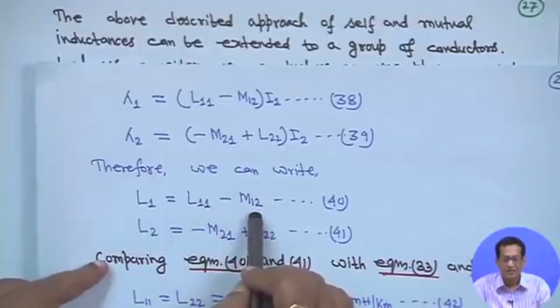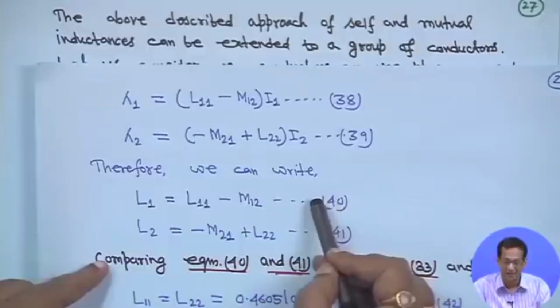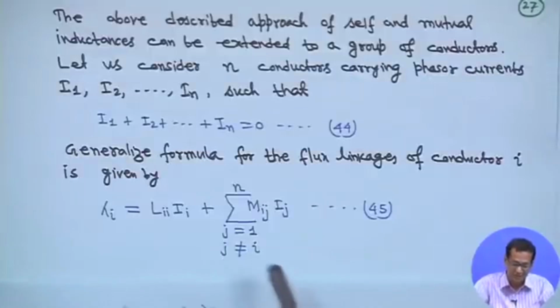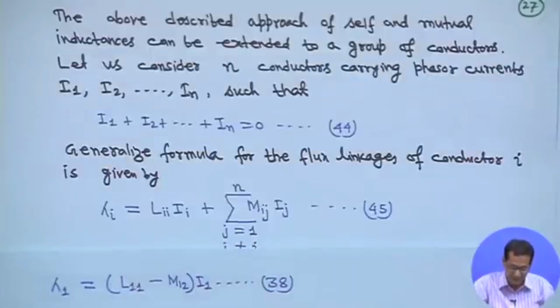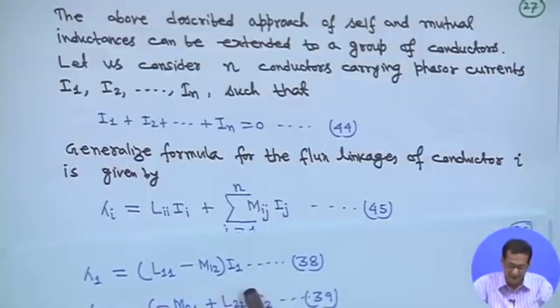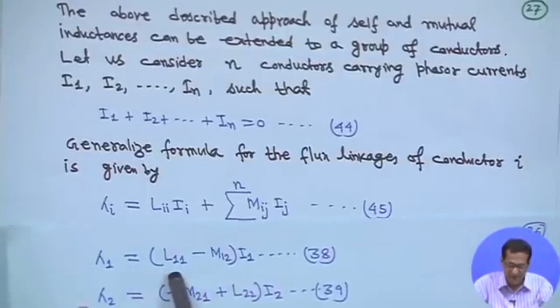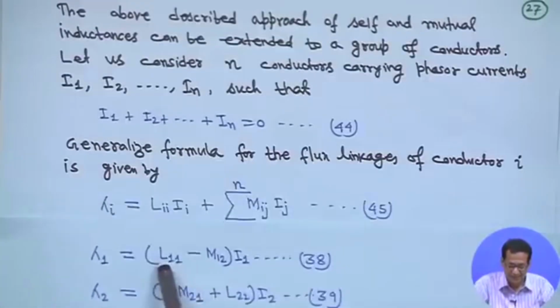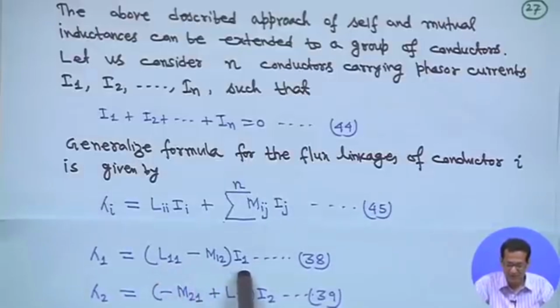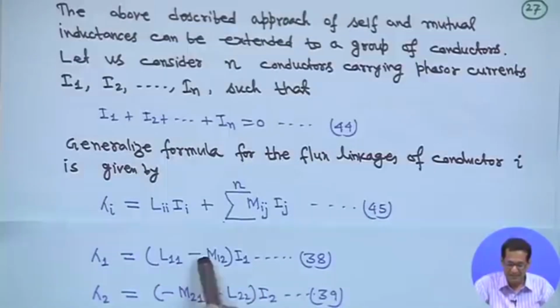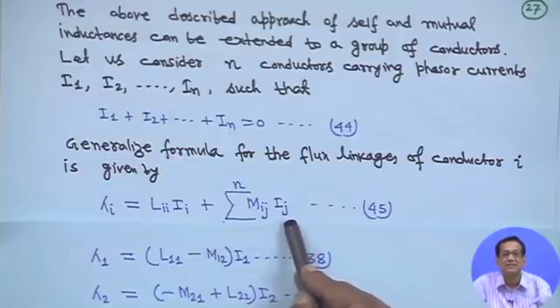If you add one more conductor, another term will be added and so on. Lambda 1 is basically L11 I1 minus M12 I2, but the minus sign comes because of the direction of the current Ij.